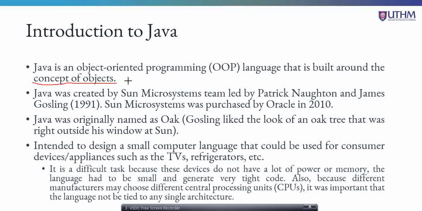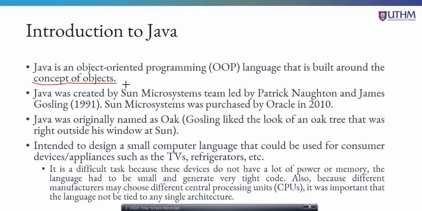So whenever we write a program using an OOP language, we need to concentrate more on creating the objects rather than creating the procedures or functions. So the first step, you need to determine what objects you need to declare inside your program. There are many OOP languages, and the most prominent one is Java.